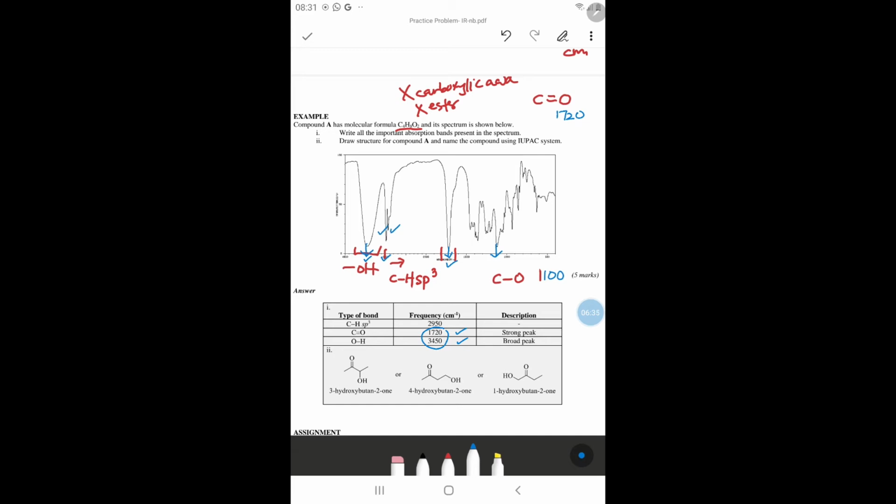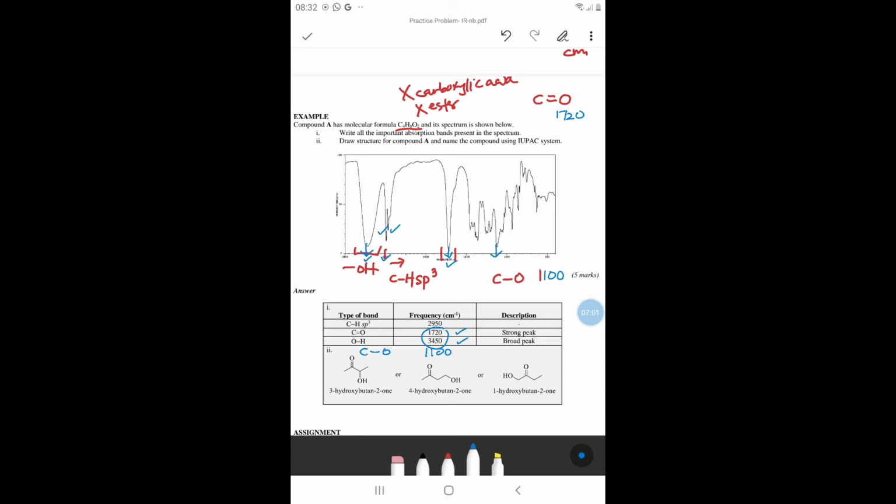So you already have your CH sp3, your C double bond O, your OH. Oh, I missed this one, you must have your C-O, which is 1100. Actually, the description is significant for very clear peaks, for example here C double bond O and OH.